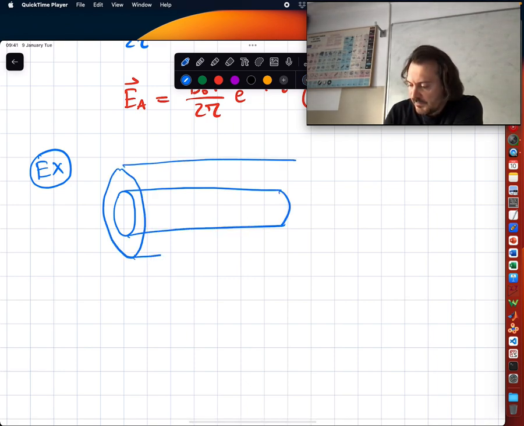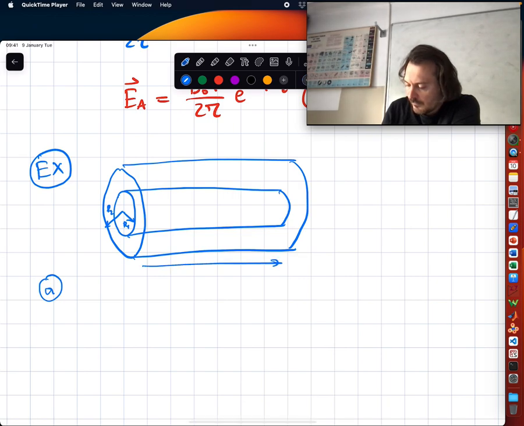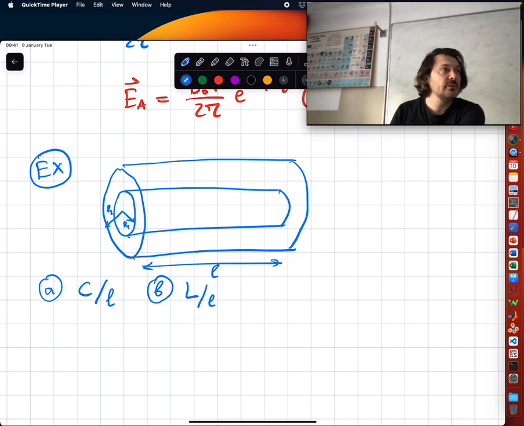One of them is R1, the other one is R2. The question is, part A asks you to find capacitance per unit length, C over L. And second part asks you to find inductance per unit length. Do you understand the question?